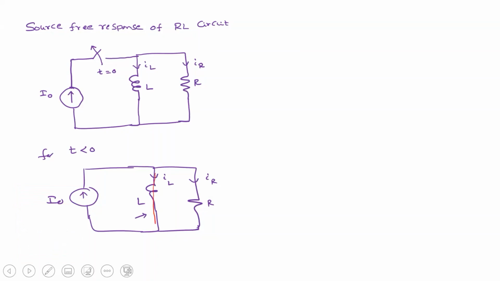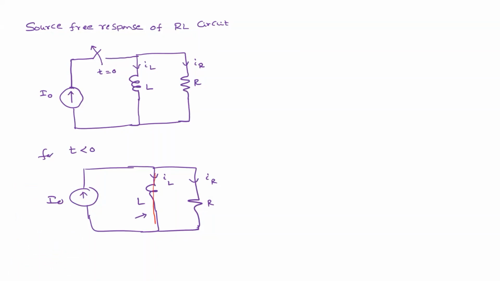So now, what is the current through the inductor? Infinite? Why infinite? Zero, sir. Why zero? Sir, potential is the same. Equal potential means zero.